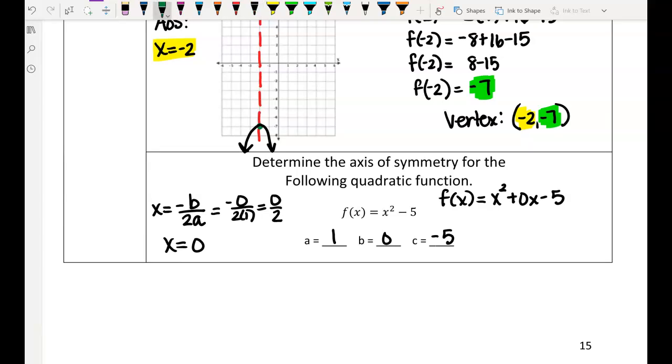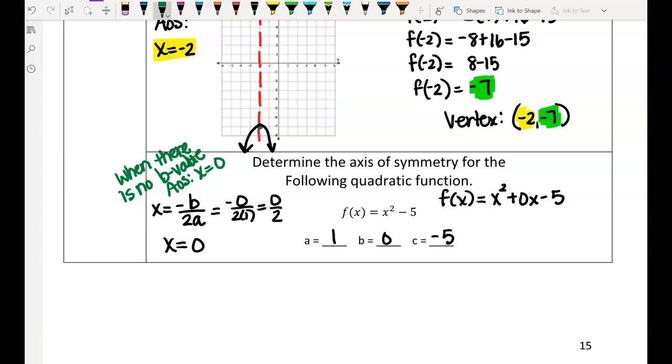And this is going to happen anytime there is no b value. So when there is no b value, your axis of symmetry is always going to be x equals 0. Because 0 divided by, it doesn't matter what your a value is, 0 divided by anything is always going to be 0.